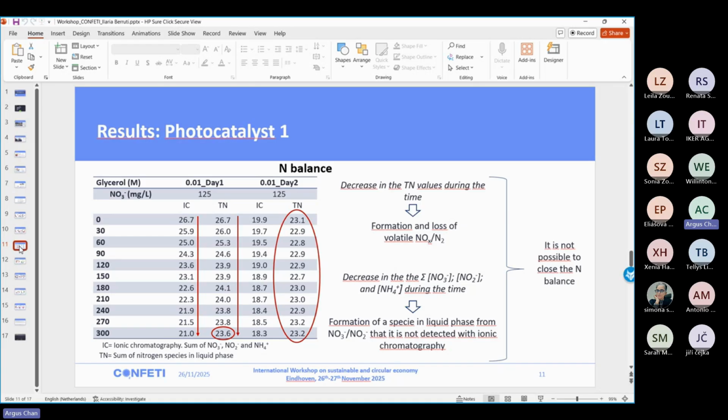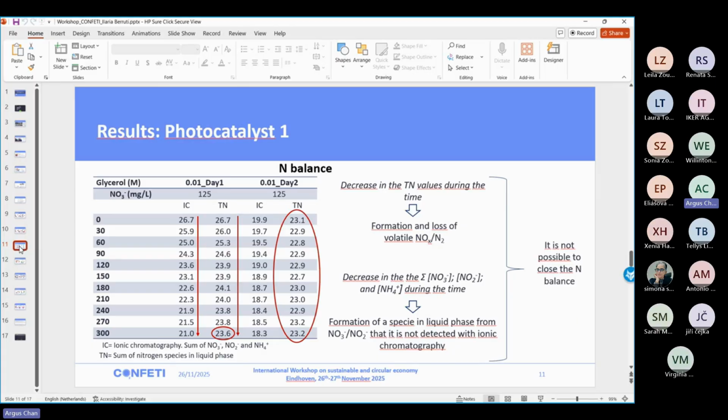We can also see a decrease of the total nitrogen, which starts from 27 milligrams per liter and goes down to 24 milligrams per liter, and this is due to the formation of volatile species. So from one side, the formation of volatile species, and from the other, of a liquid species that we cannot quantify, the sum of these allows us to close the nitrogen balance.